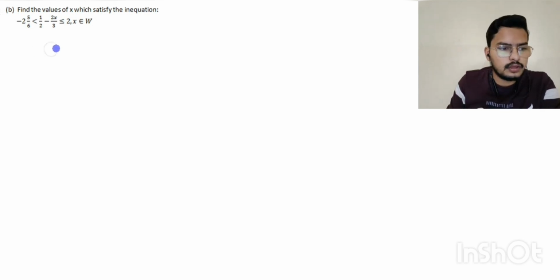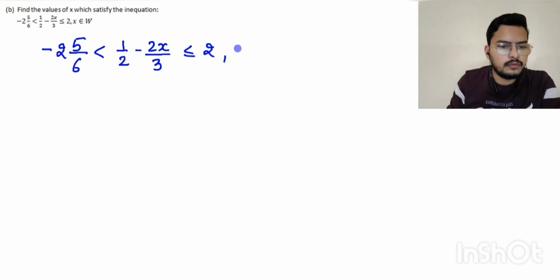The question is saying that minus 2 5 by 6 is less than 1 by 2 minus 2x upon 3, less than or equal to something, where x belongs to a whole number, right?